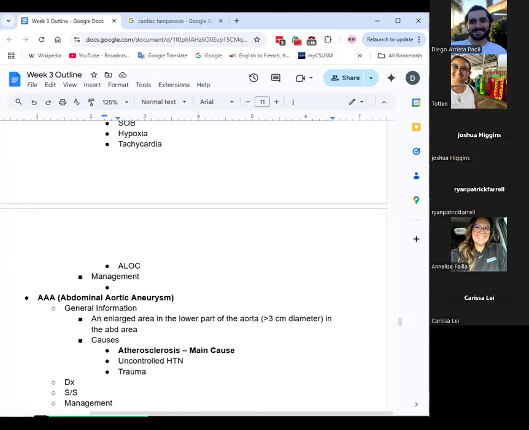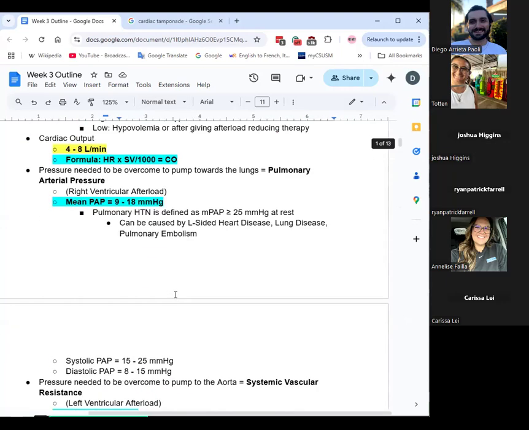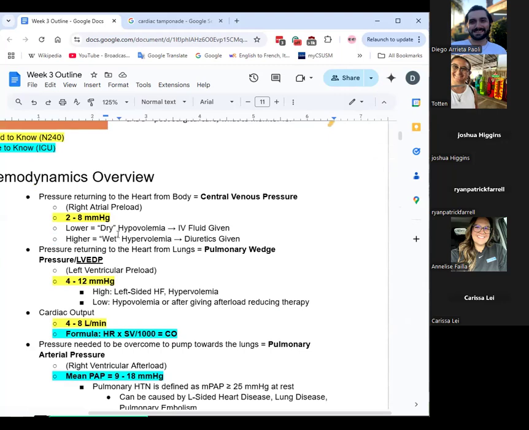So in this one, remember when we go back here, I mentioned that there was an exception to, I guess, the quote unquote rule. When we're looking at our CVP here, when this number is high, we typically think of giving diuretics.